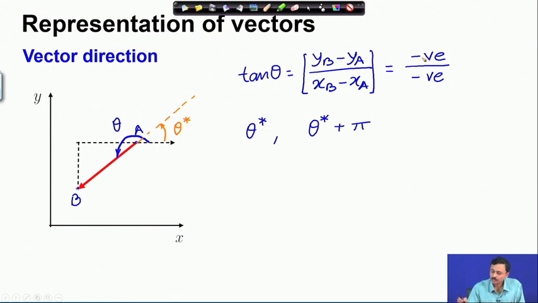But because numerator and denominator both are negative, this is the solution. So, this blue angle theta is the solution.